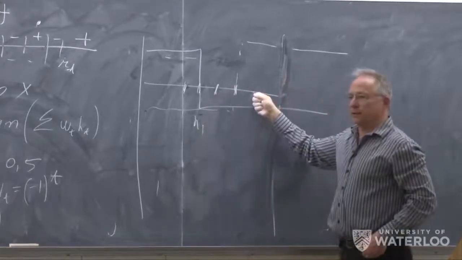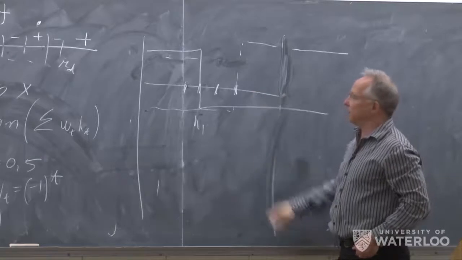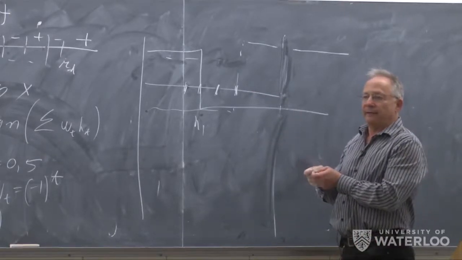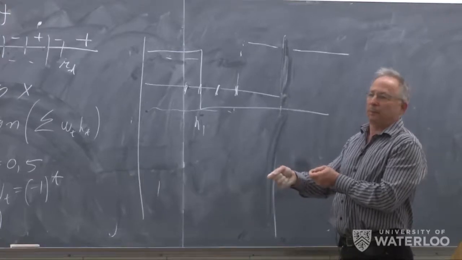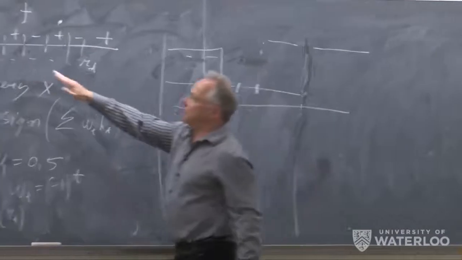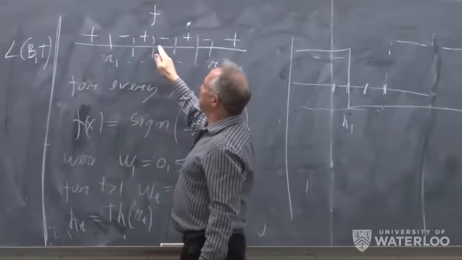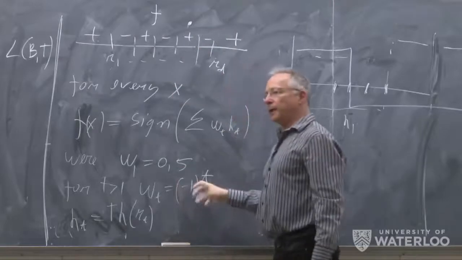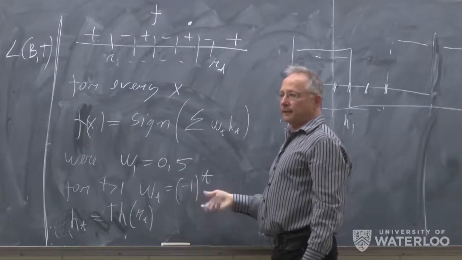The third function, so it's just a matter of checking. Each time I switch to a new interval, I add a -1 or a +1 for the new interval, so I switch the label. So if the first label was correct, each time I switch to a new interval, I switch the label because I either add +1 or I add -1 alternately.